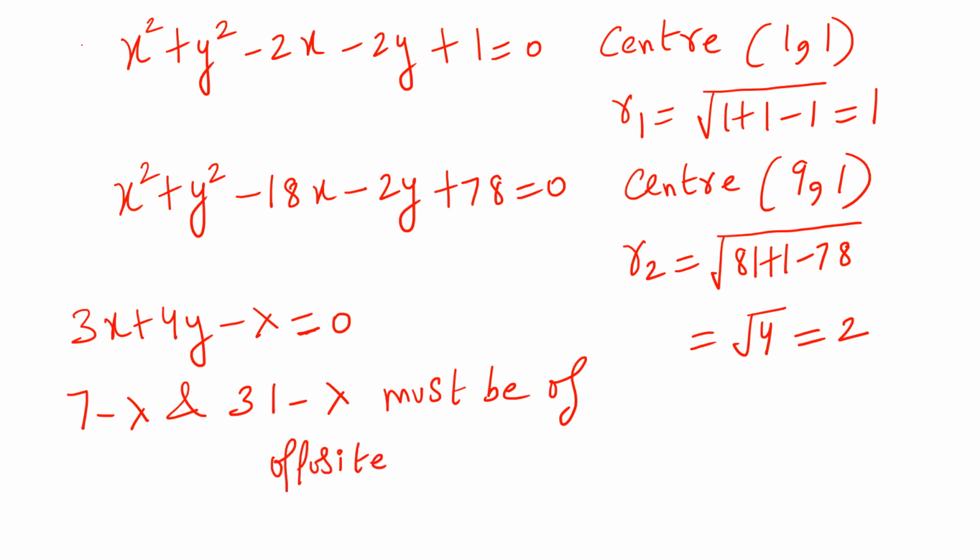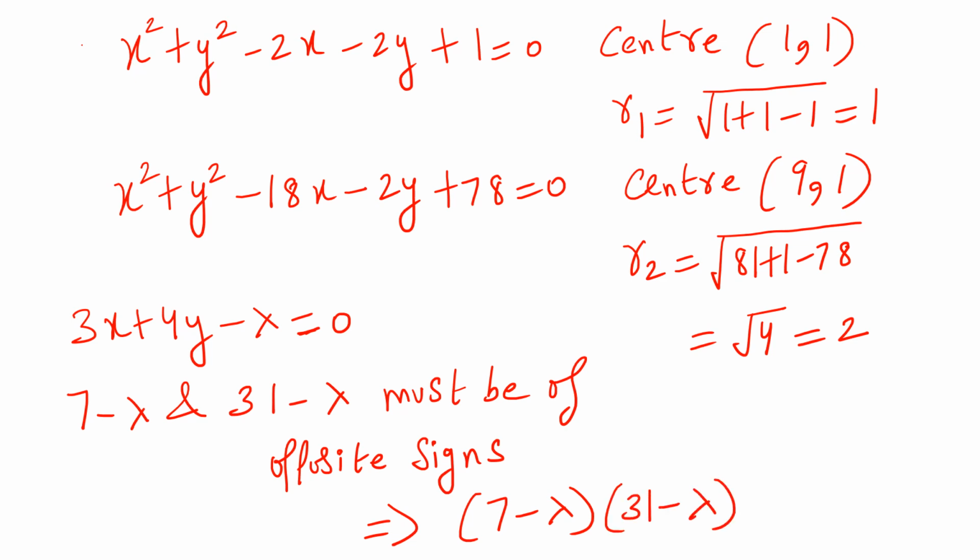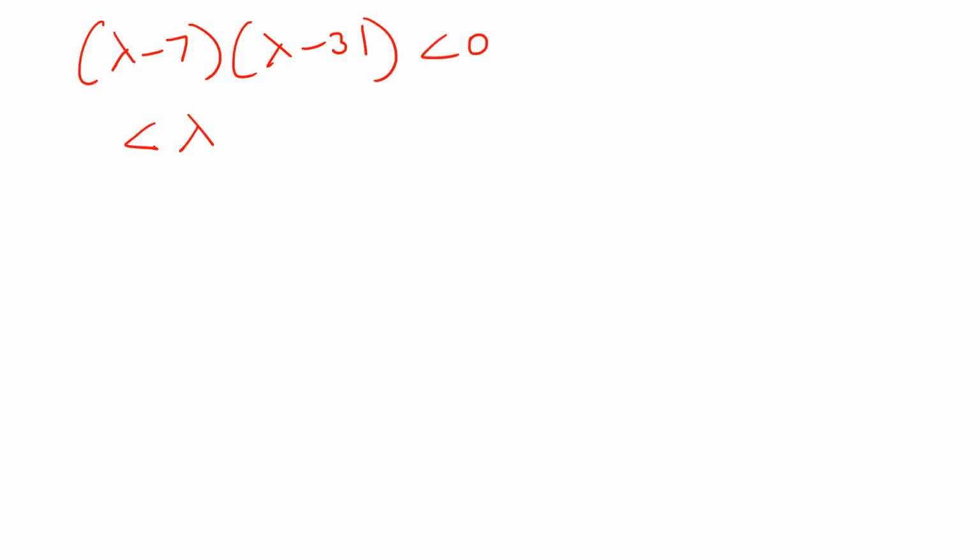And since these two values are of opposite signs, so further I can say that the product of these two numbers must be negative. Right? Now students, we move further. Now students, I can say that (lambda - 7)(lambda - 31) must be less than 0. So by wavy curve method, we get lambda lying between 7 and 31. So let me call this result as number 1.